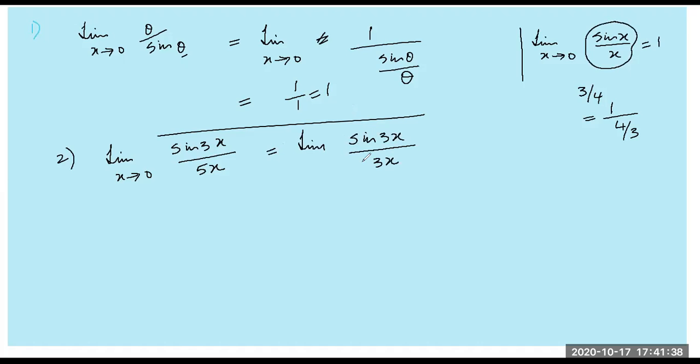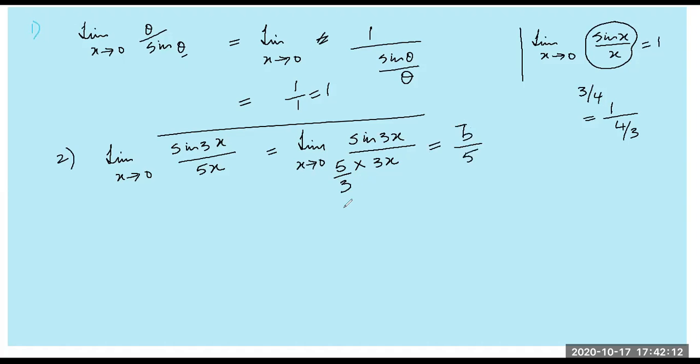If we just write 5 here, divided by, come on, 3. We can do it like this. x approaches 0. 3 is cancelling with 3. Ultimately, it is 5x, right? So then we got the answer. 5 by 3 will come outside; 1 by 5 by 3 will become 3 by 5, right?